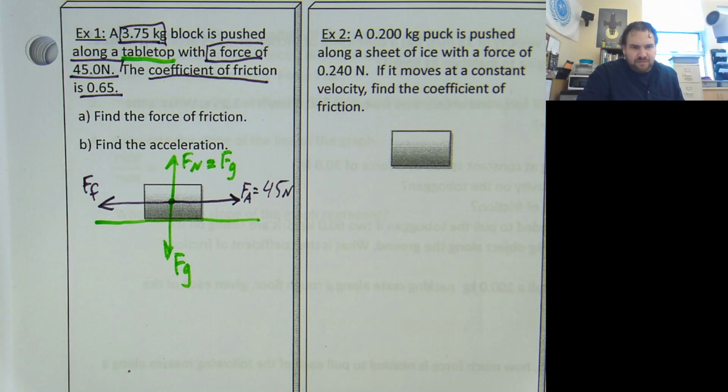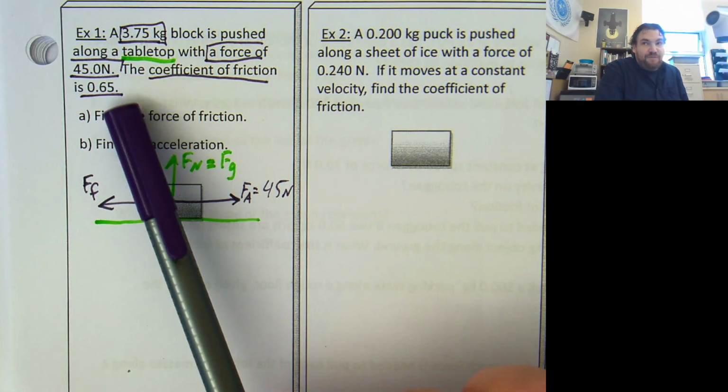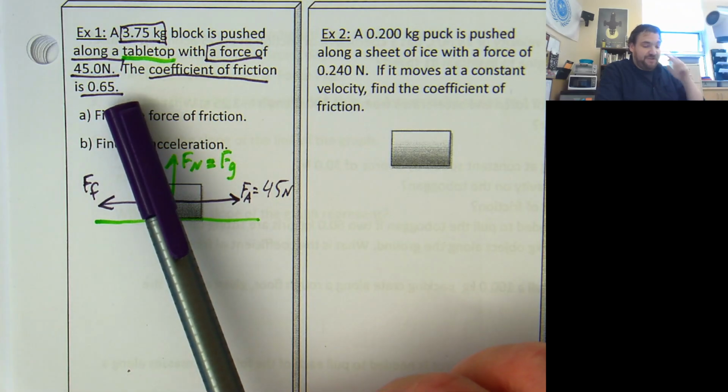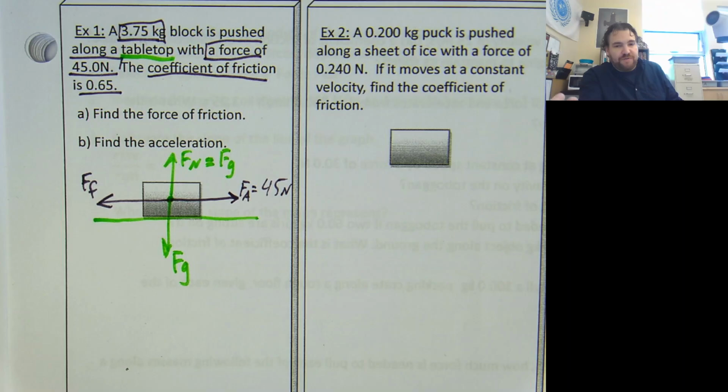Based on this coefficient of friction, just to give you an example of what I mean by coefficient of friction, I just looked up a table of coefficients of friction.